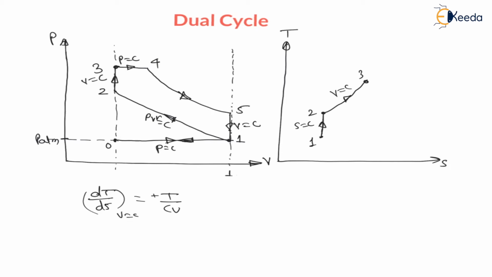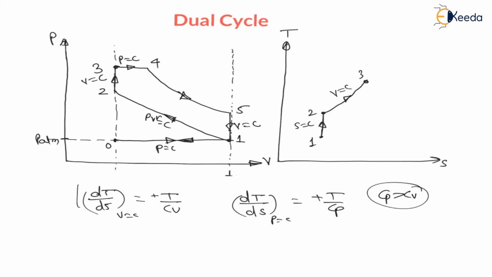Now, again 3 to 4 is a constant pressure heat supply process, and we know that for constant pressure heat supply, the slope on the TS diagram, dT by ds at constant pressure, is nothing but plus T by Cp. Again, the slope is positive, and my dear students, Cp is always more than Cv, that we have already learned in the basic thermodynamics subject. This slope concept you have learned in the entropy topic, right?